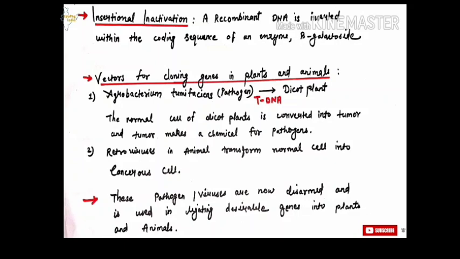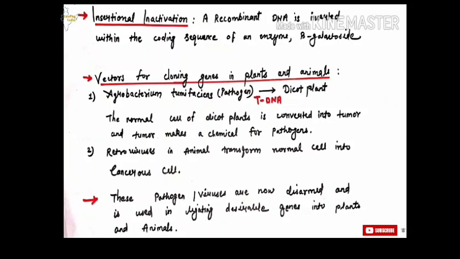By using the cloning vector technique, where the vectors are changed or disarmed: the chemical-producing genes from Agrobacterium tumefaciens and the harmful content of the retrovirus, which could be genetic material RNA or DNA, are removed, and the useful DNA or RNA is introduced.